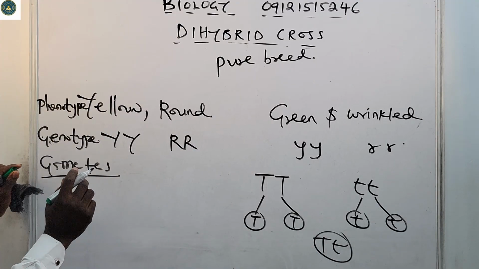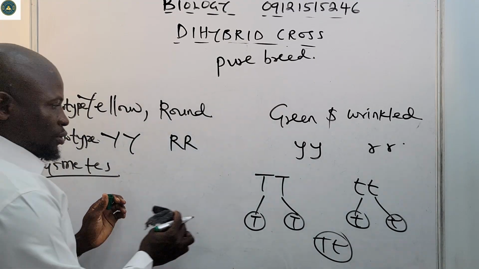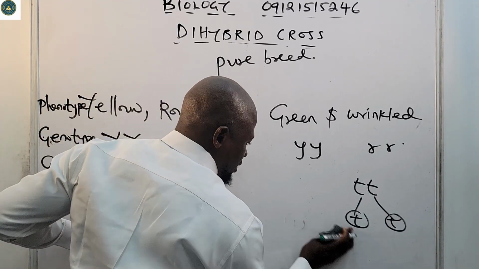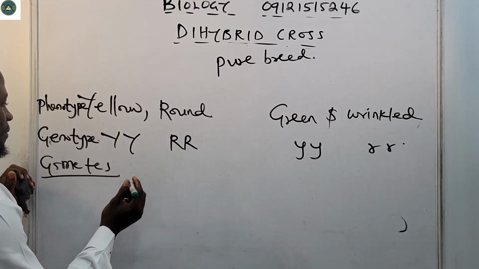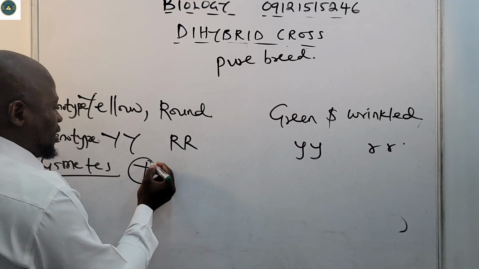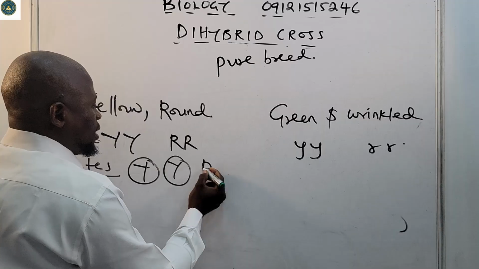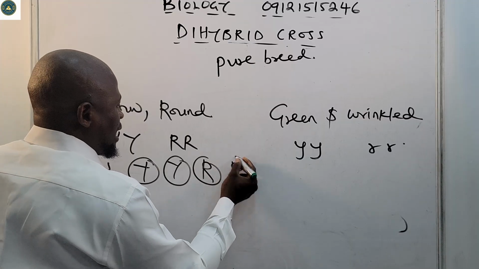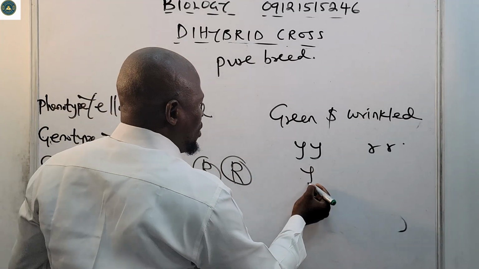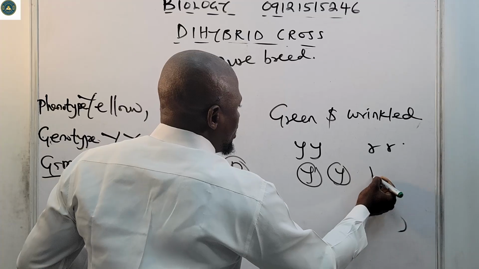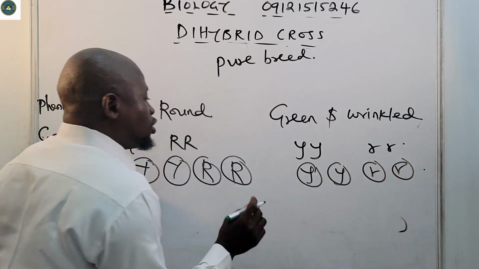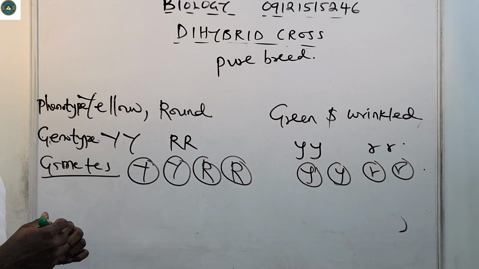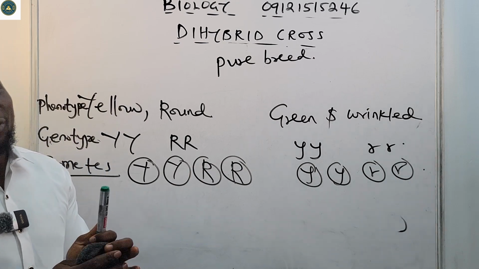But when it comes to dihybrid cross, we cannot do this. We cannot say the gamete will now be Y, arrow, arrow; Y, arrow, arrow. If you do something like this, it means we are considering monohybrid cross, not dihybrid cross again.